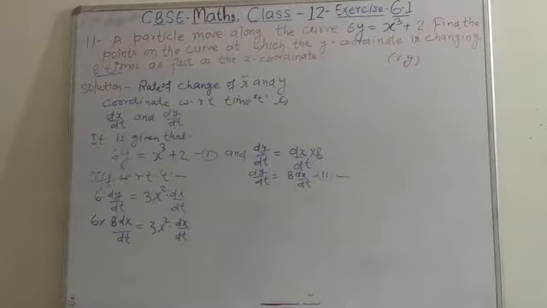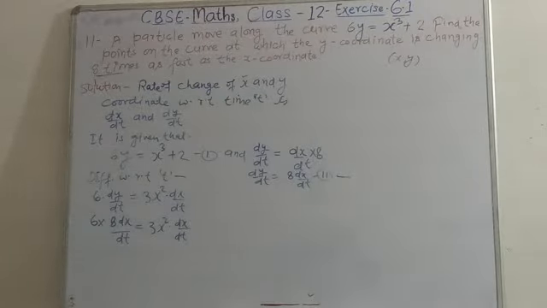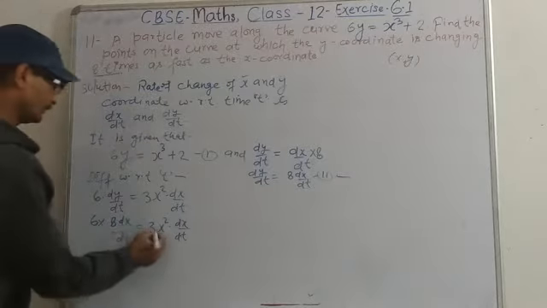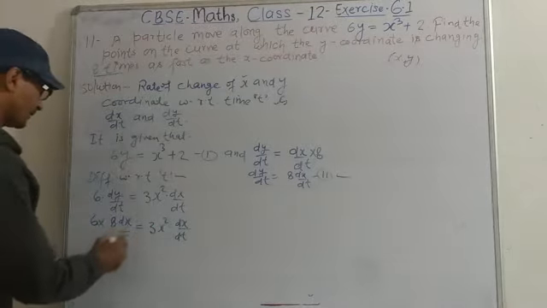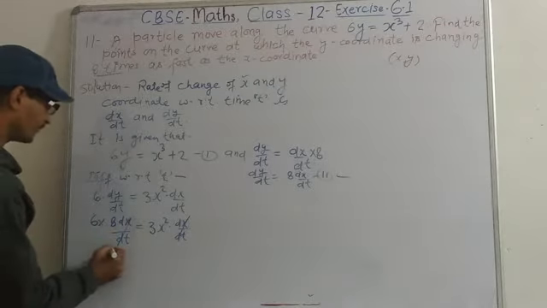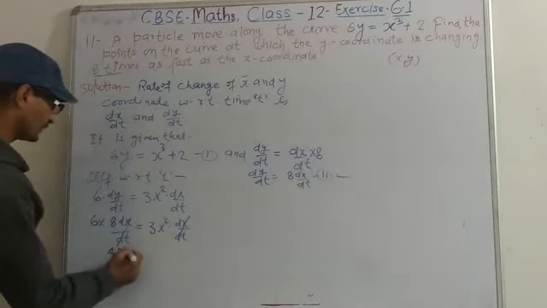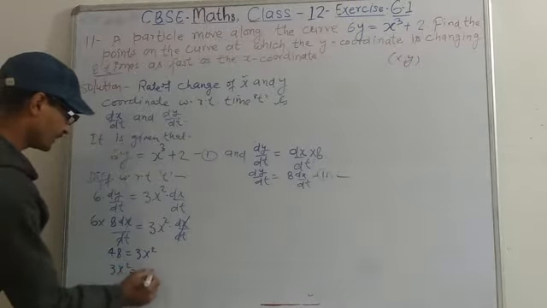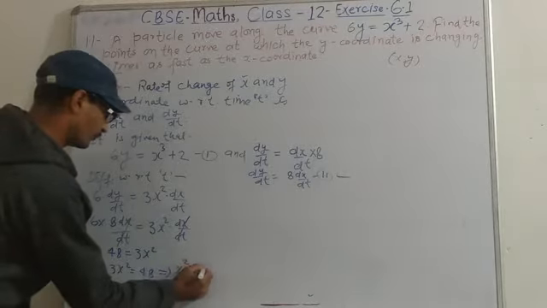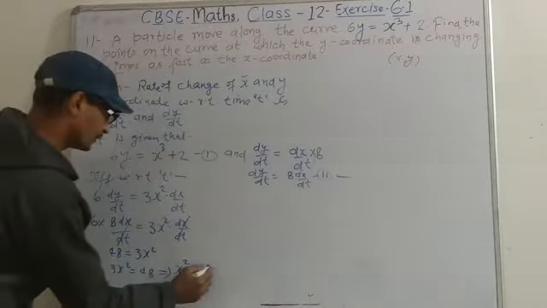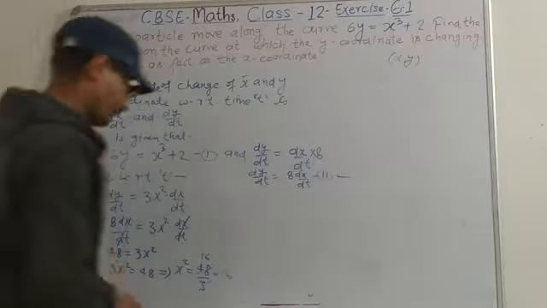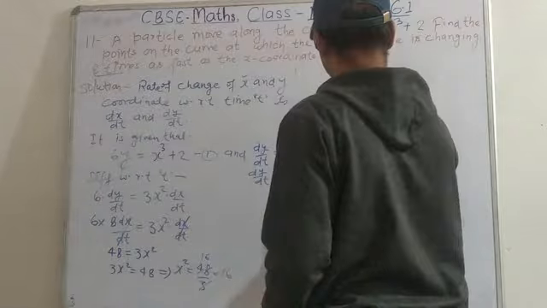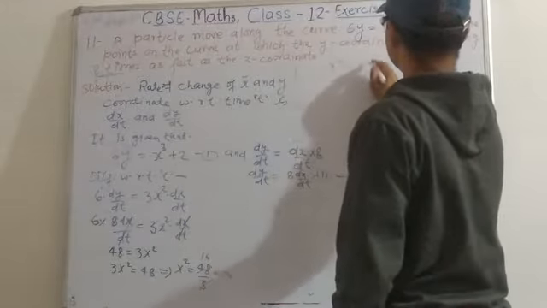Putting this in, dx/dt will cancel. So 6 times 8 is 48, equal to 3x². So 3x² = 48, which implies x² = 48/3 = 16.